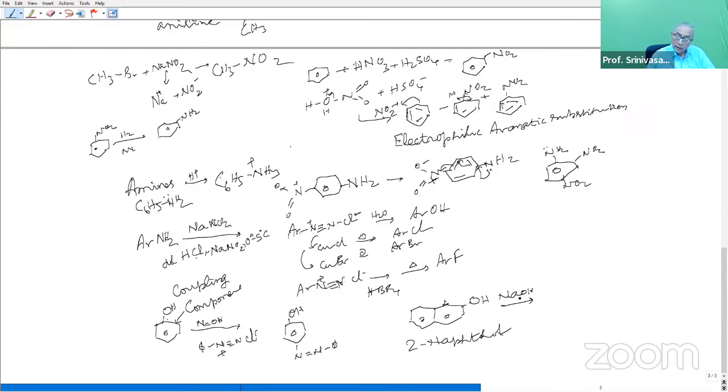The hydrogen here will be removed by sodium hydroxide as a proton, and the 2-naphthoxide is the reactant. This 2-naphthoxide, when reacted with this, is just for an example.